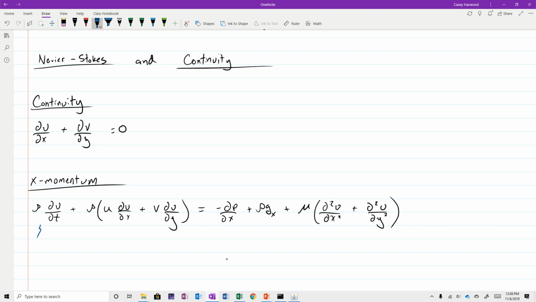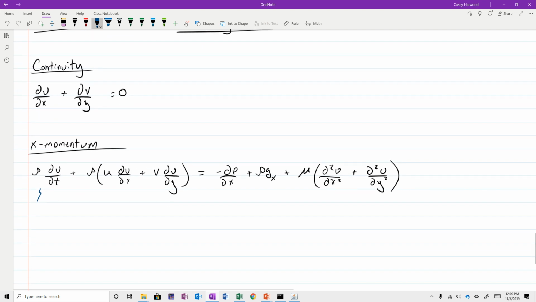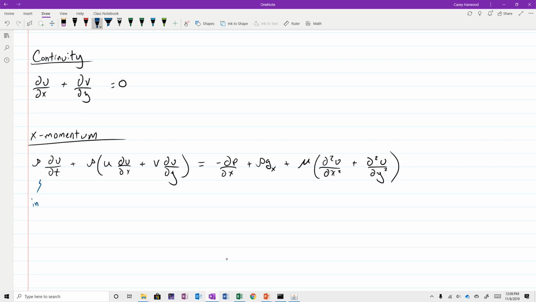This time rate of change we've already established is what's called the local acceleration of a fluid element, and so this can be thought of as the local inertial force. This term in here is what we call the convective rate of change, the convective acceleration. We'll call this the convective inertial force.